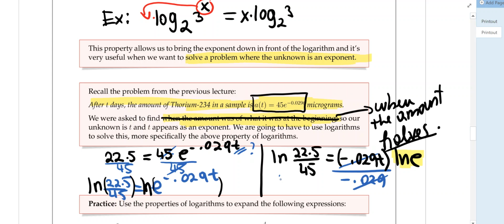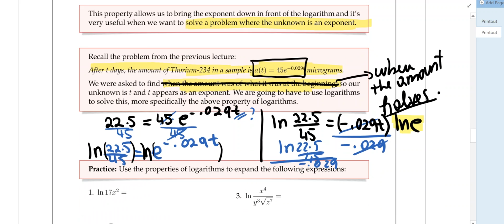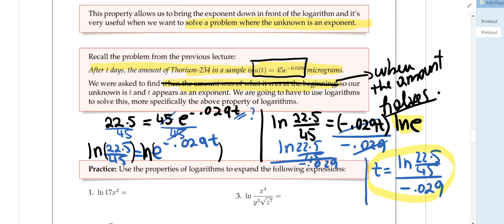And then on this side, I'll have ln of 22.5 over 45, everything divided by negative 0.029. Finally, sorry about this, I need to leave more space. Finally, t is going to be equal to ln of 22.5 over 45, everything divided by negative 0.029. So this is the exact answer.